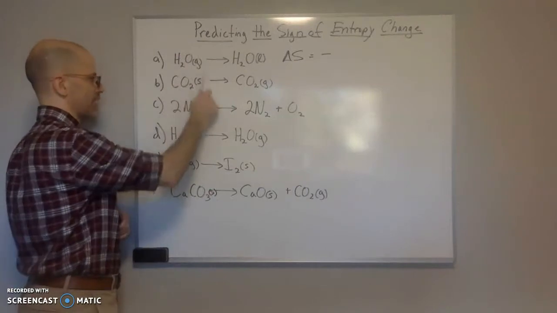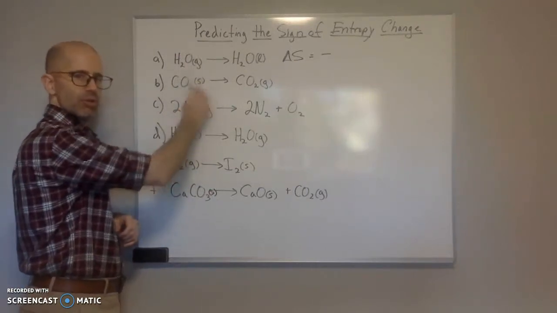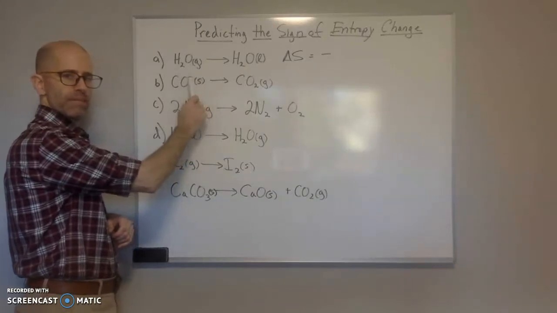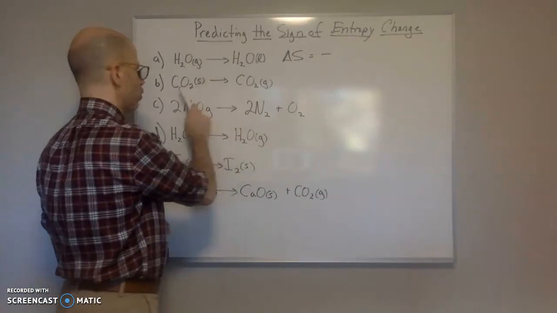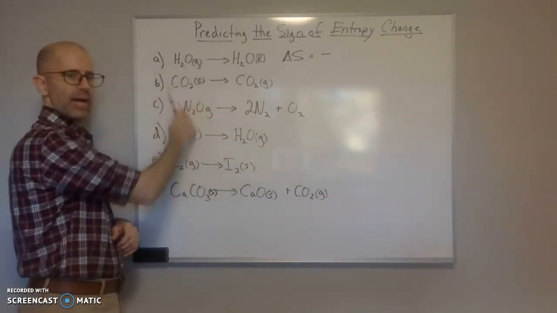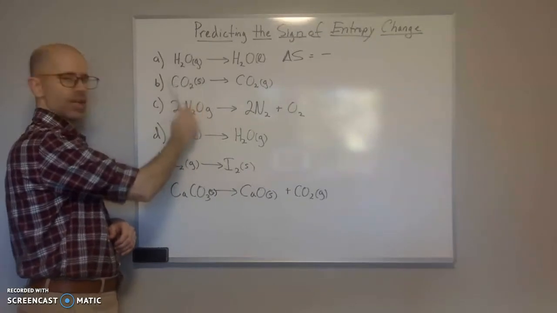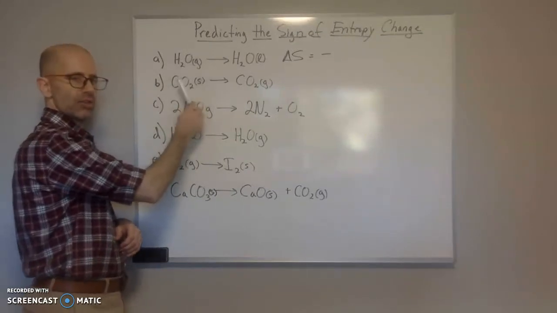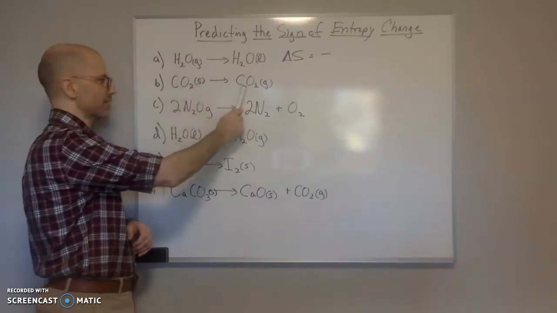Here we're going from a solid, very orderly with less motion involved, to a gas. So we're subliming carbon dioxide, or dry ice. Solid carbon dioxide is dry ice. When dry ice sublimes, it goes from solid directly to gas.